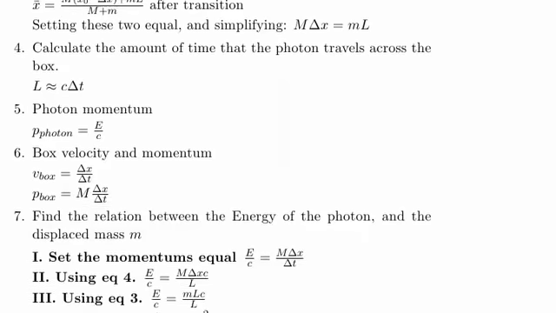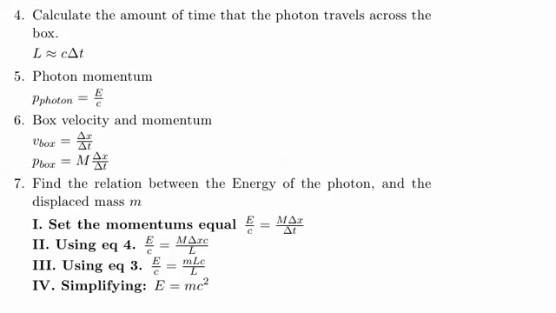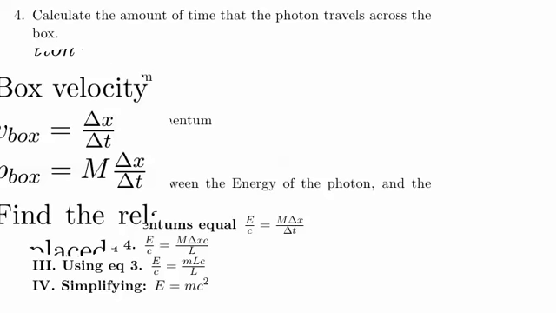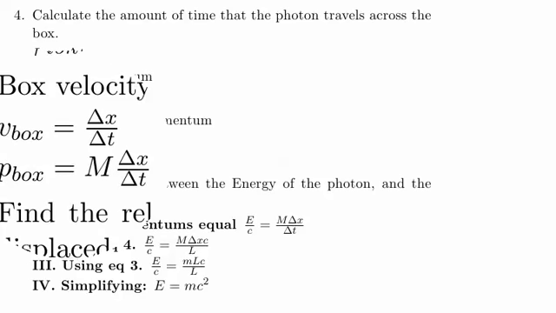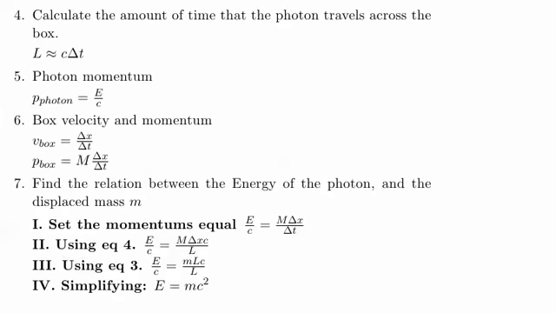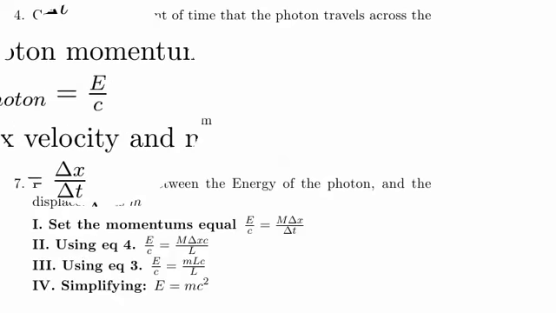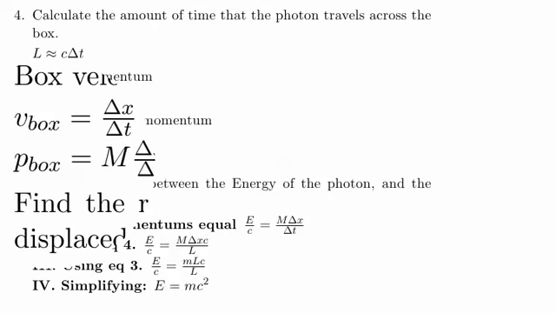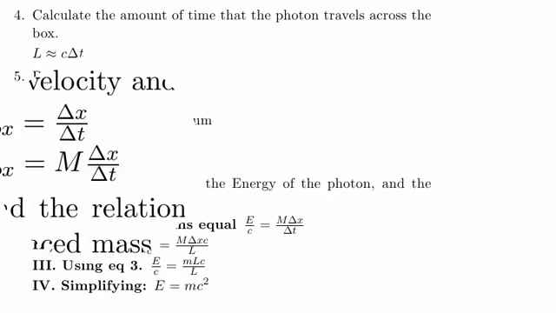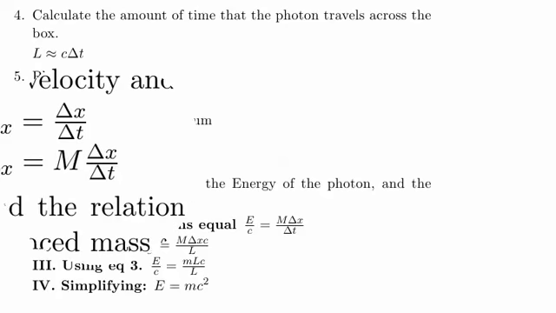The velocity of the box is just delta x over delta t, and the momentum of the box is capital M times delta x over delta t. The momentum of the photon is E over c, the momentum of the box is M times delta x over delta t.